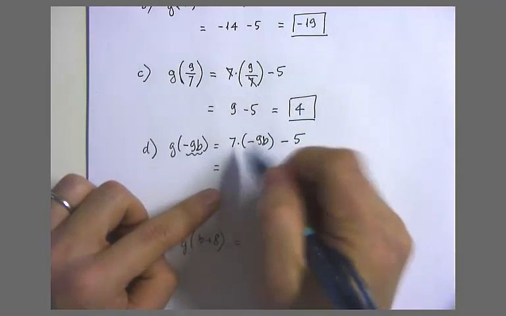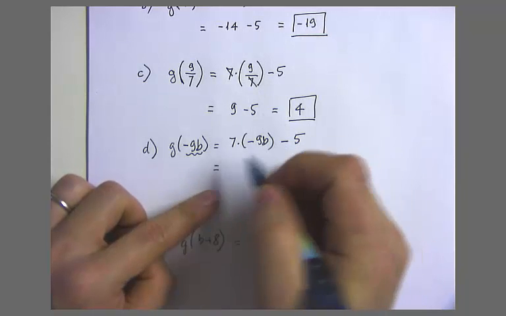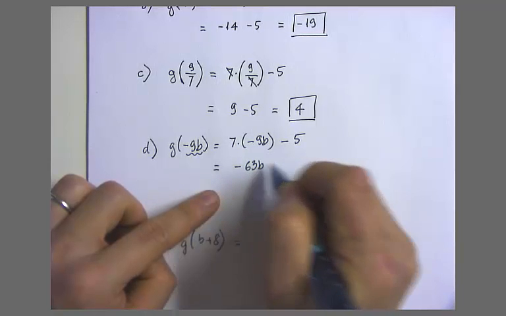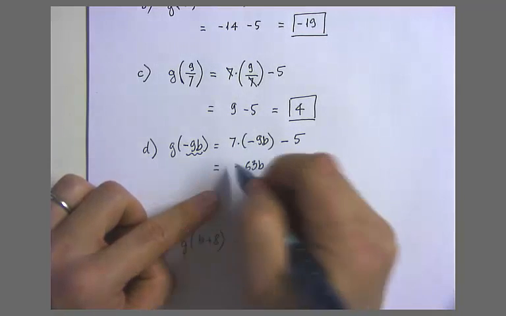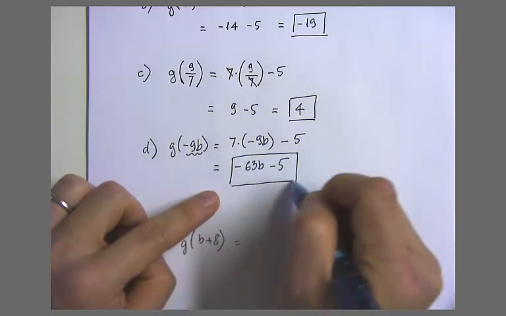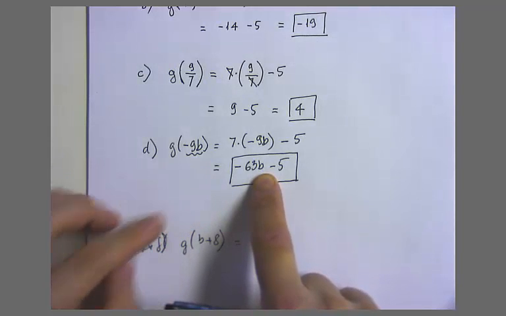The only thing we can do is 7 times negative 9b equals negative 63b, minus 5, and this is all we can actually do. We cannot evaluate any further because the variable b does not have a value attached to it.